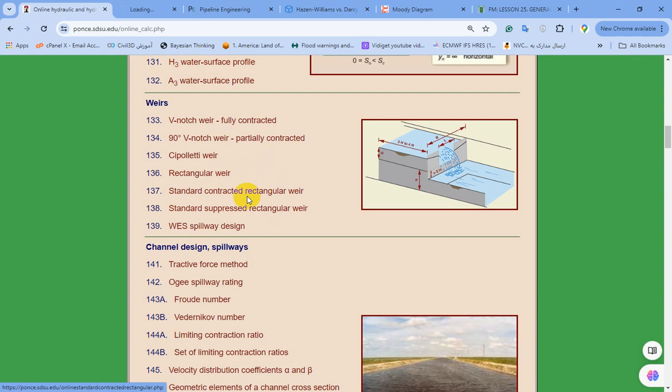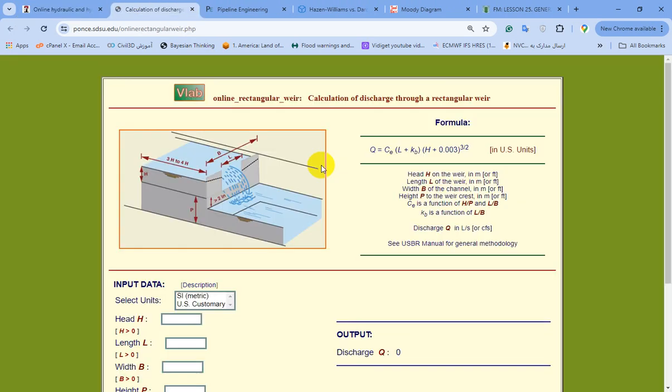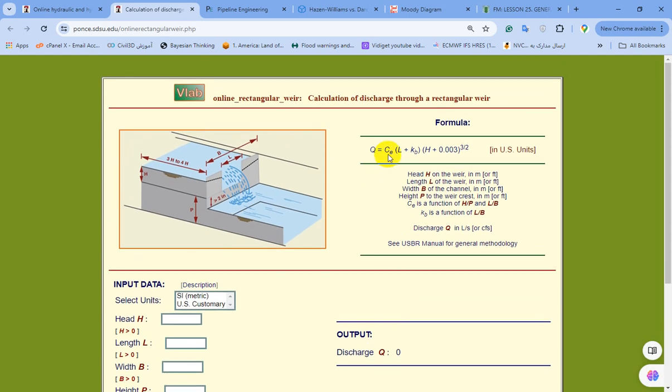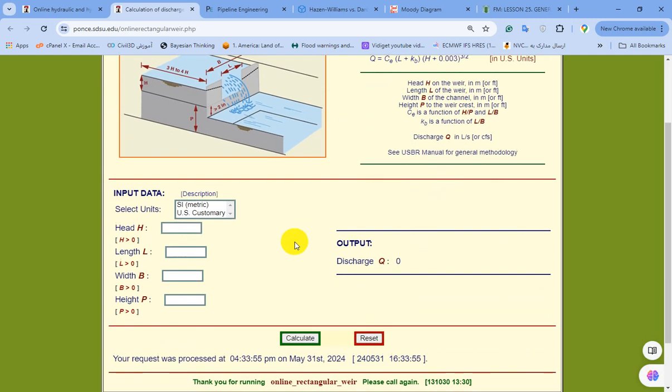The rectangular weir is another of the most widely used weir types, and it depends on the discharge coefficient, the length of the weir, the KB parameter, and the head of the weir.